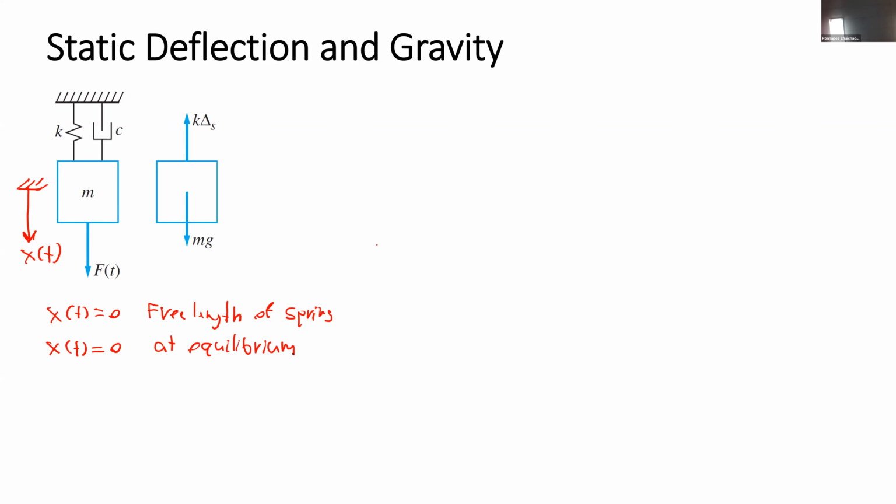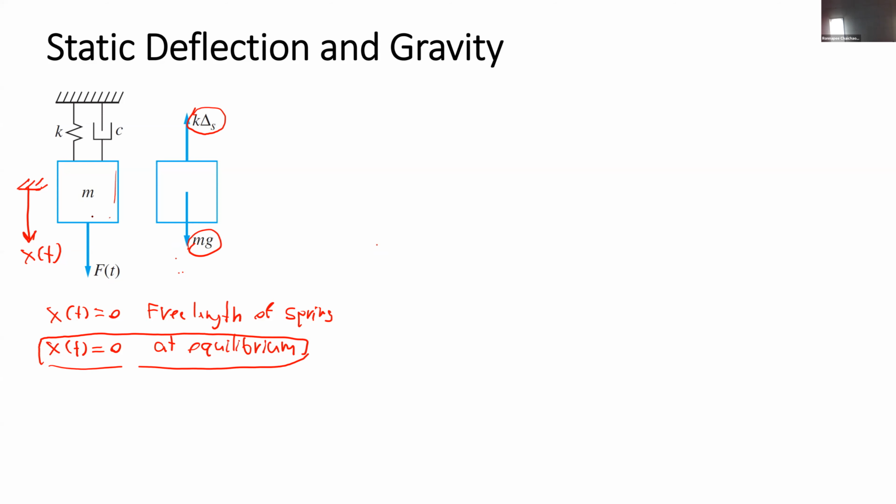And in the textbook, they suggest we select x(t) to be 0 at the equilibrium point because they can subtract the effect of mg and the static deflection. So how can they do that?